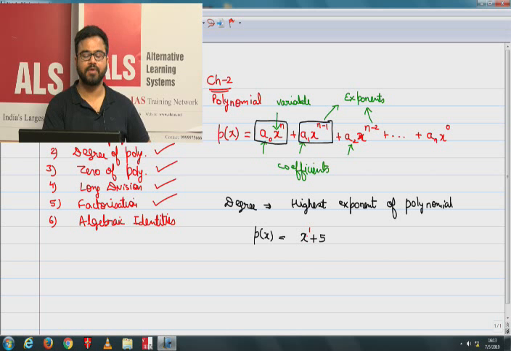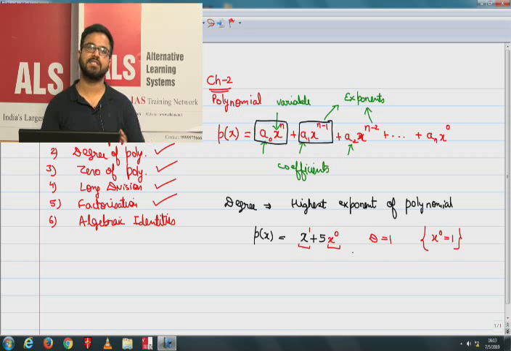With 5 we have no coefficient and no multiplier, so we can write it as 5 x^0 also, because x^0 is 1. Here the exponent of x is 1, and here the exponent of x is 0. The highest exponent of x is 1, which means the degree of this polynomial is 1. Whatever the highest exponent is, that is the degree of the polynomial.